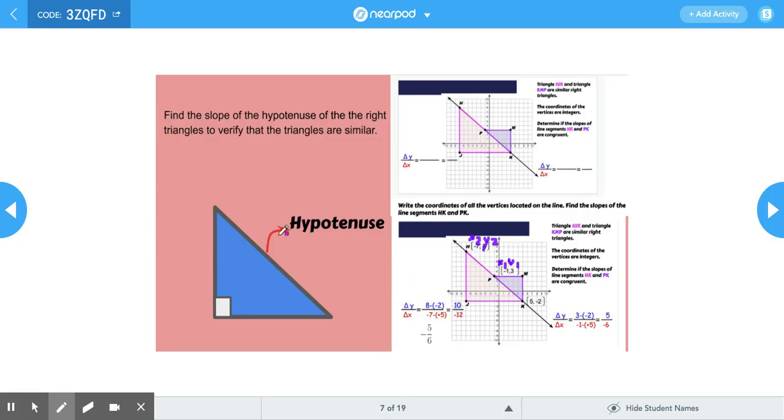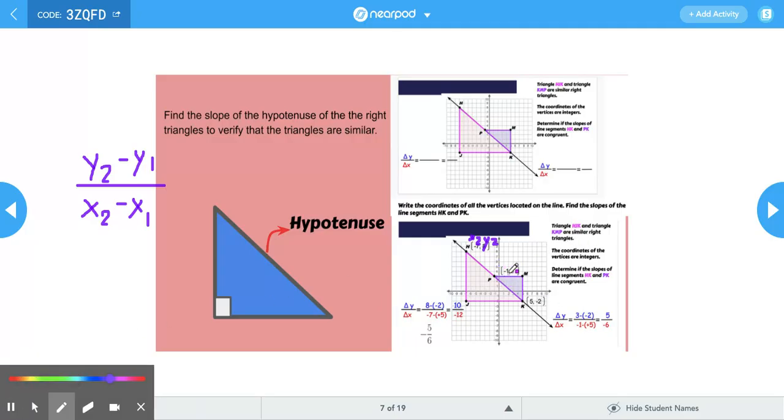So when I'm subtracting, I'm using y2 minus y1 over x2 minus x1. I'm actually going to label 5, negative 2, because this is the slope of the pink triangle.